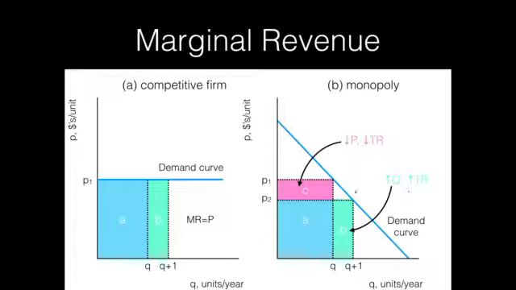So make sure you're comfortable with that. That's one of the reasons why I go over perfect competition relative to monopoly in such detail. If you understand perfect competition and why a firm in a perfectly competitive marketplace faces a horizontal demand curve, it's important to be able to contrast that with monopoly, where the demand curve is downward sloping.